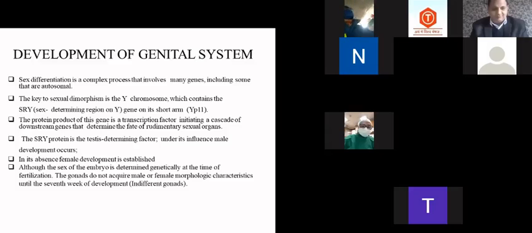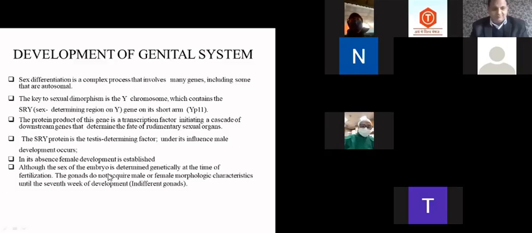So in the beginning, till 6 weeks, they are not able to differentiate and there are indifferent gonads. And later on, depending on the chromosome, the differentiation will take place into male or female. The SRY protein is the testis determining factor, and under its influence, male development occurs. In its absence, female development is going to take place.